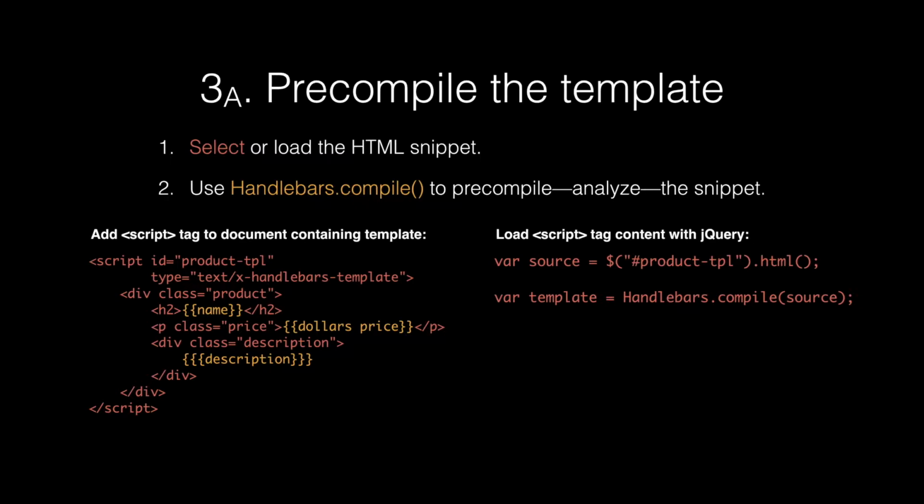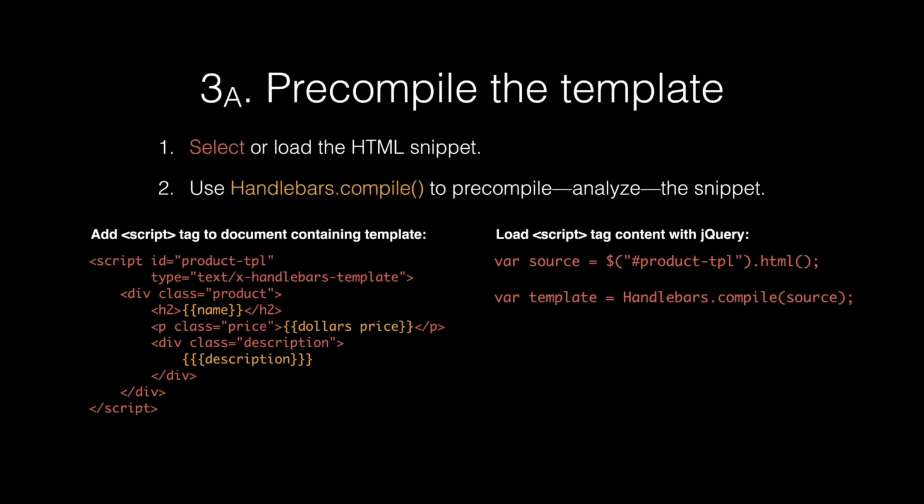So there we're declaring source. It's going to be assigned a jQuery selector for the ID product TPL, and we're going to get its inner HTML content. So you can imagine what we're doing there is selecting the script tag that has an ID of product TPL. See that over on the left there? And we're loading its HTML content and storing that in source.